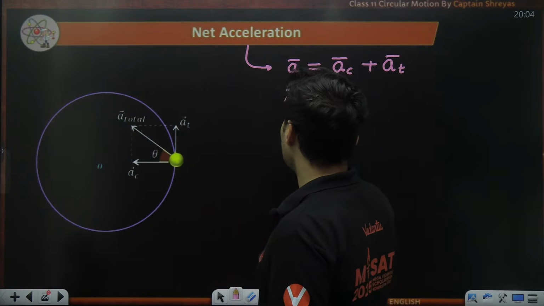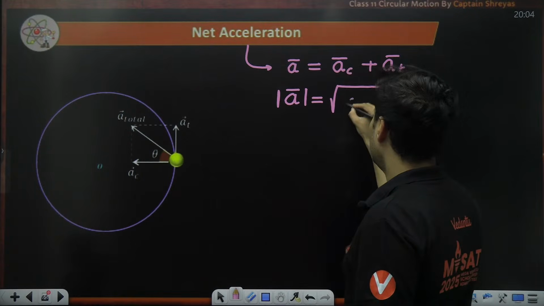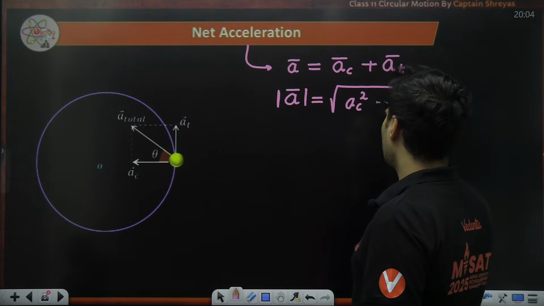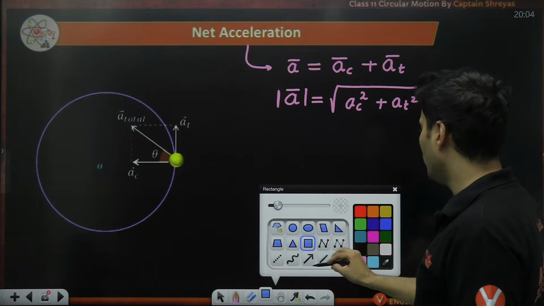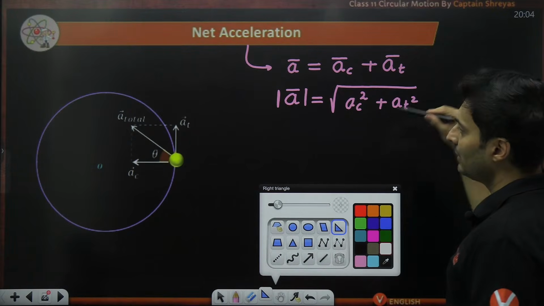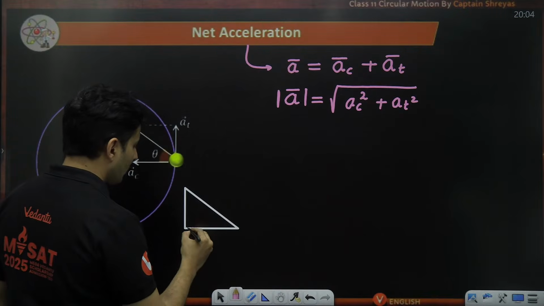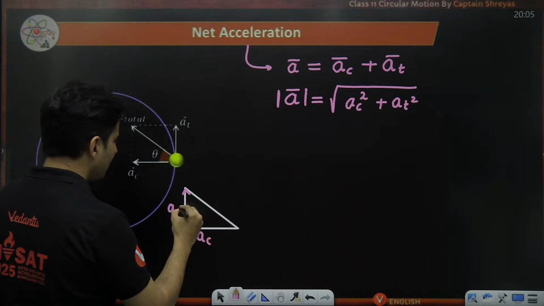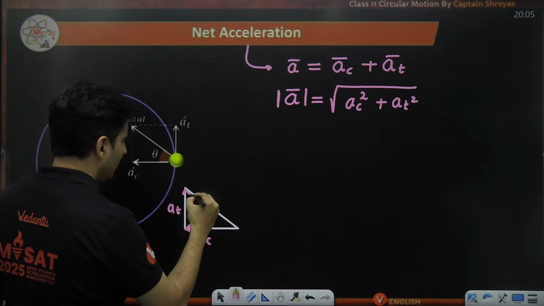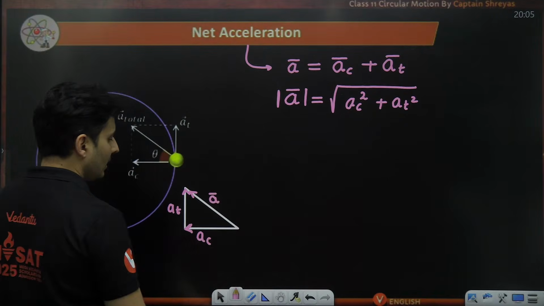Magnitude wise, it is nothing but the Pythagoras theorem: AC square plus AT square, because they form a perfect right angled triangle. You can see it right over here. If this is AC, this will be AT, and of course this will be the net acceleration A.